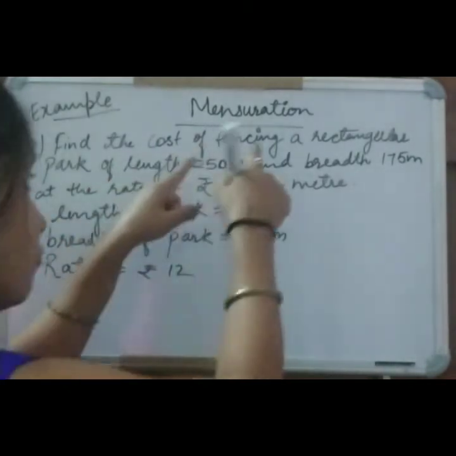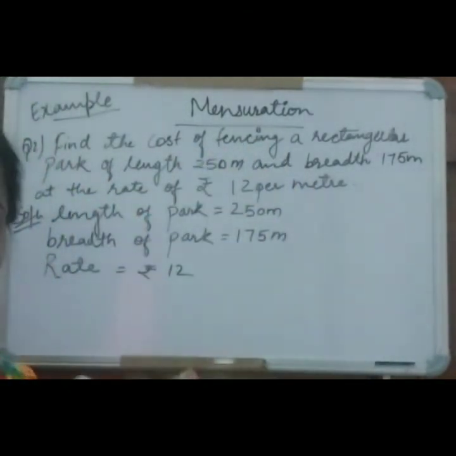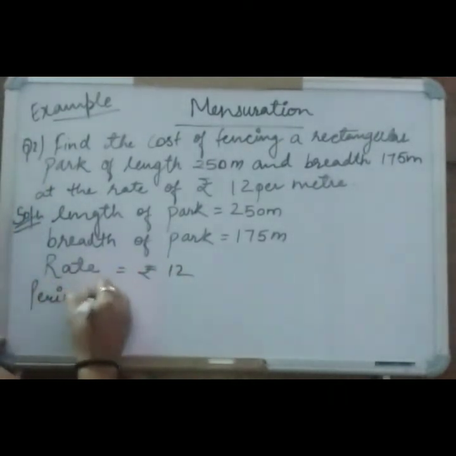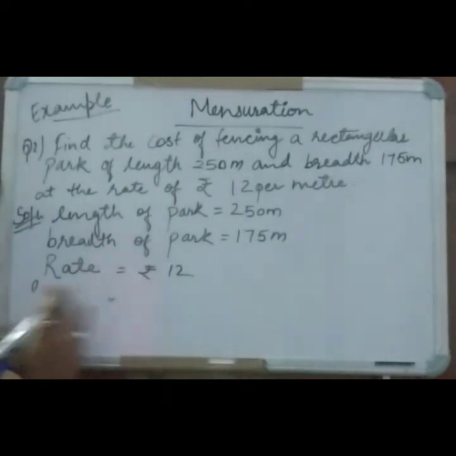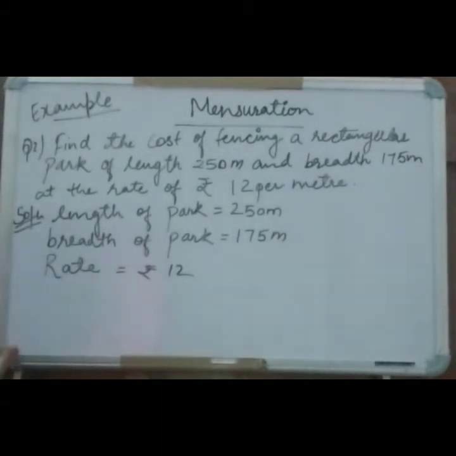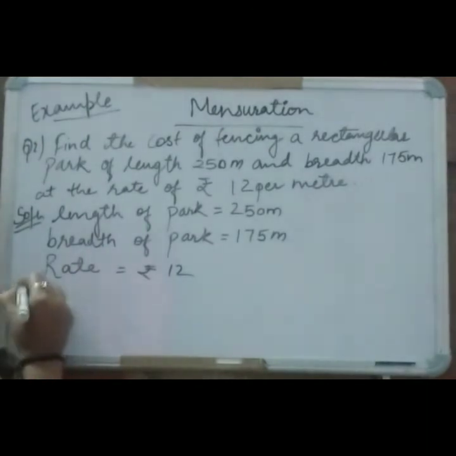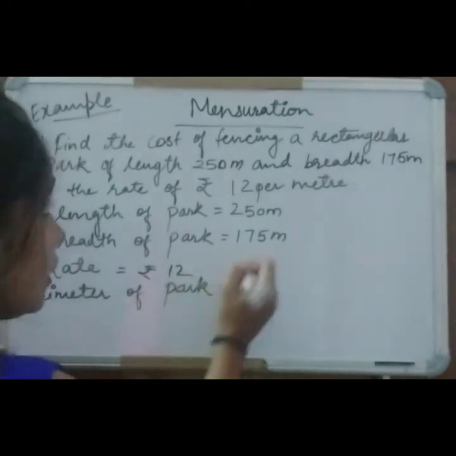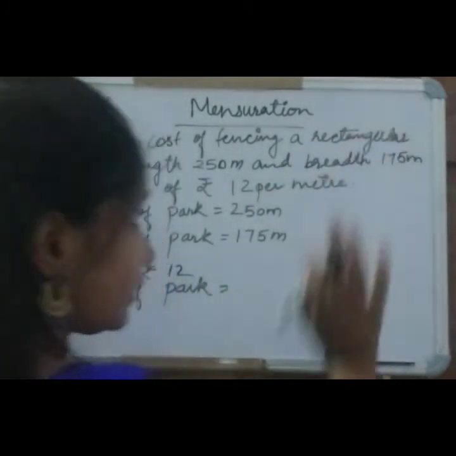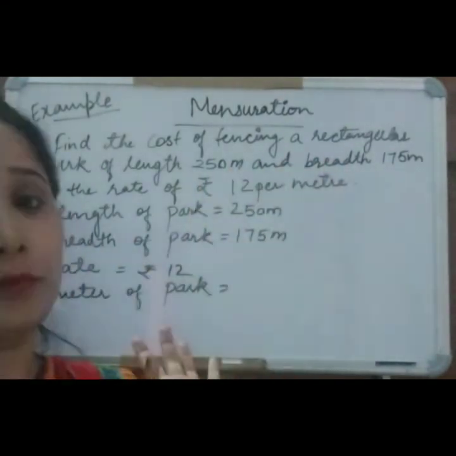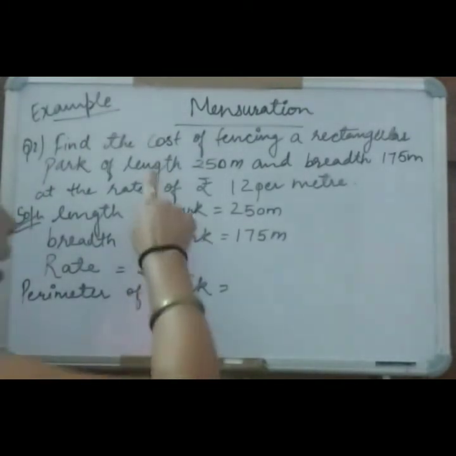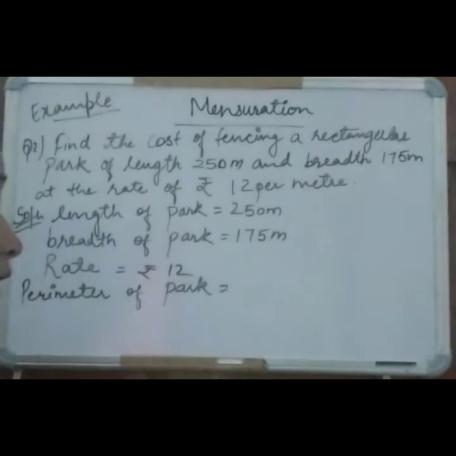So first of all, we have to find out fencing. Fencing means boundary. So again we will find out perimeter. Here we will write down perimeter of park, and the park is rectangular. If it is not written rectangular, you can identify by length and breadth. Somewhere it is not always mentioned that it is rectangular. If length is given and breadth is given, it means it is rectangular.